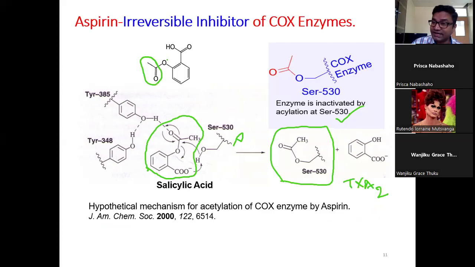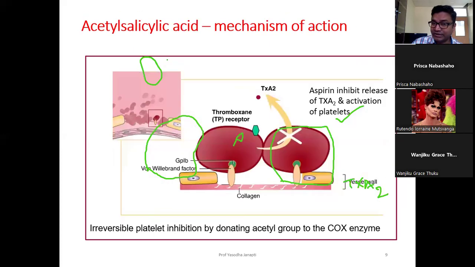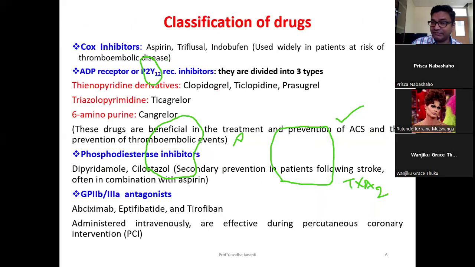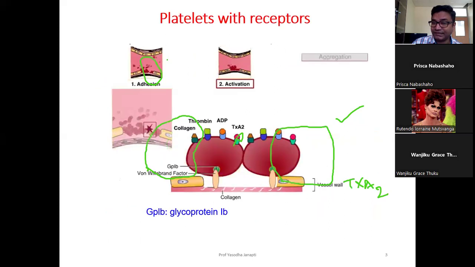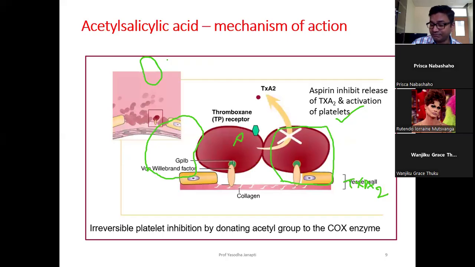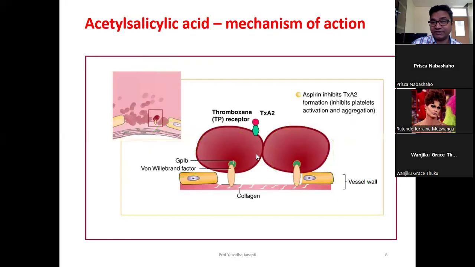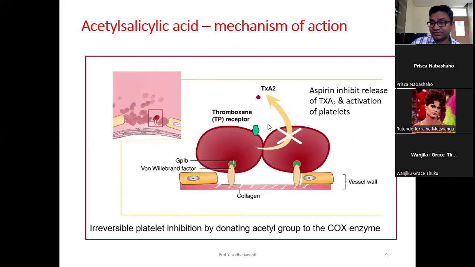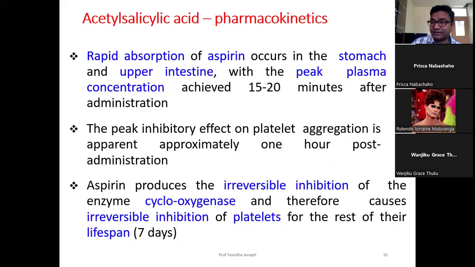Thromboxane is very, very important for binding, and very important in aggregation of platelets. So this is how it looks, you see. It stops. So there is no further platelet aggregation.